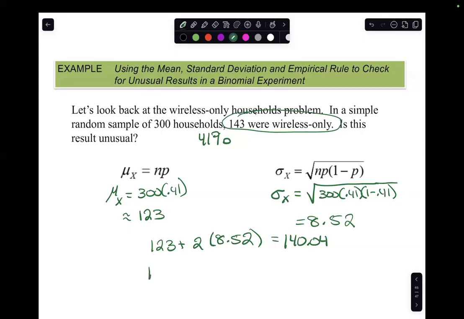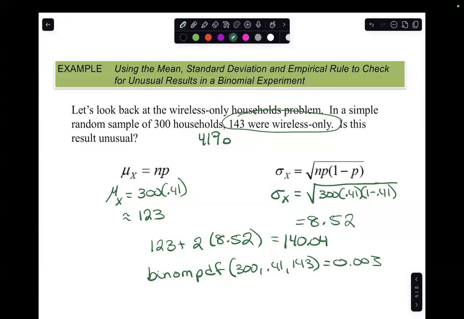So if you use binom, you would do binomPDF. We're using PDF because it is precise. It is exactly 143 wireless only. So I did 300, 0.41, 143. I used the precise. 0.003 is less than 5%. Therefore, it would be unusual.